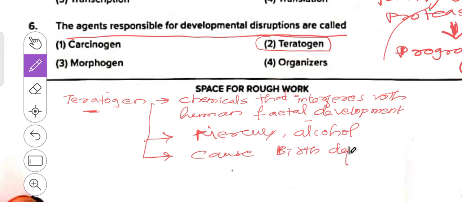Here the question asks about developmental disruption, which is nothing but the defects of a baby. So 2 is the right answer for this question.